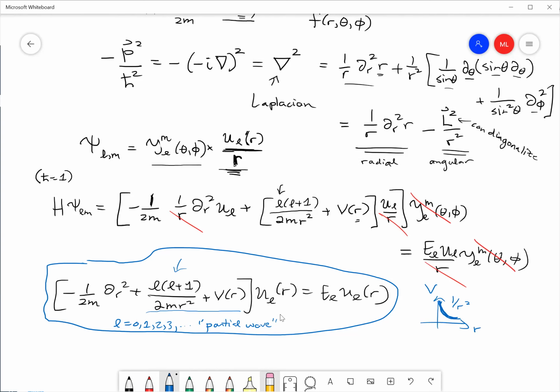If you have more angular momentum, the thing is whizzing around faster and faster, then it'll tend to be pushed away from the origin, whatever your object is. So for larger L, you get an effective contribution to the potential that pushes you away from the origin. As you whip around, you get pushed out. That's the effect of this term.